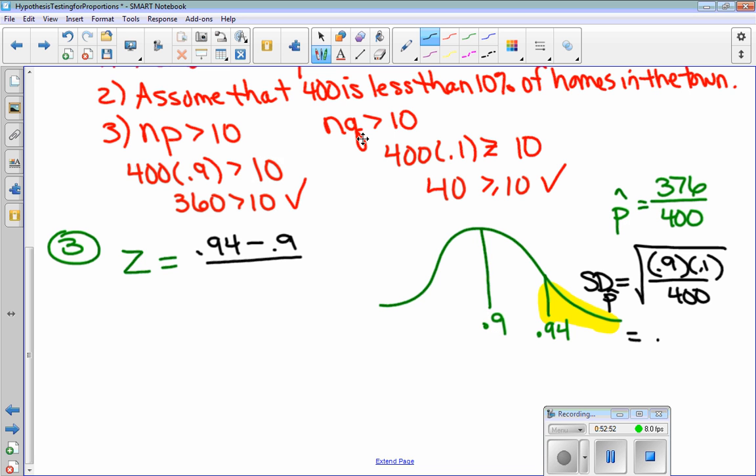So 0.94 minus 0.9 over the standard deviation. So our z-score is 2.6 repeating.